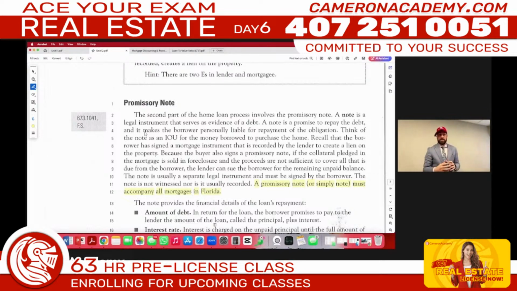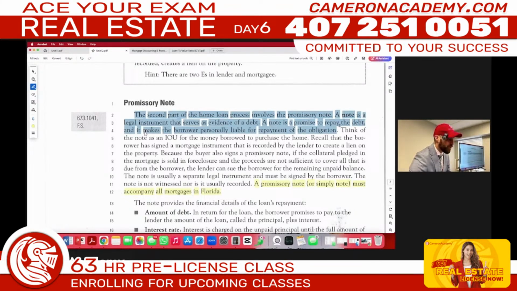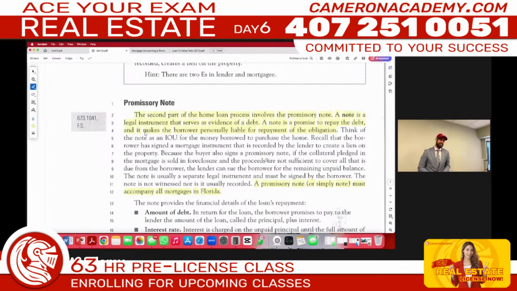The promissory note, the name itself should give away as to what its purpose is. It's a legal document that the borrower signs as a promise to repay the debt. And you'll see on line 4, it makes the borrower personally liable for that financial obligation. Think of it as a legal IOU.